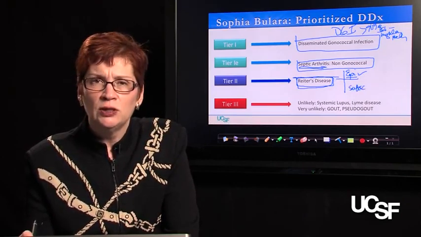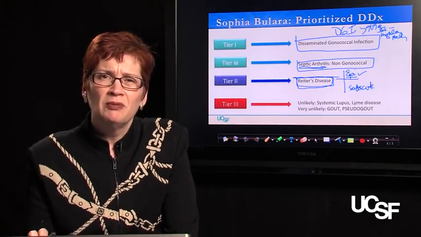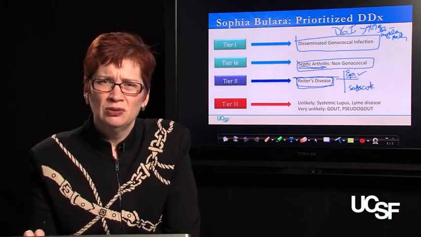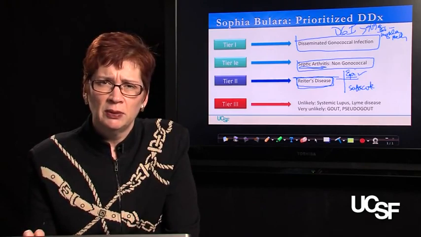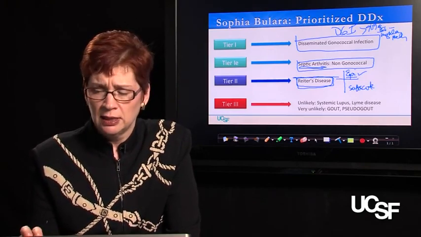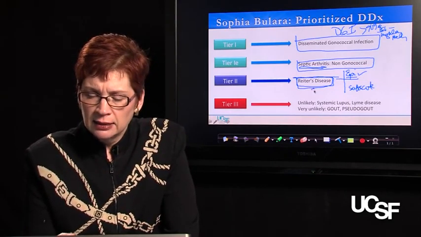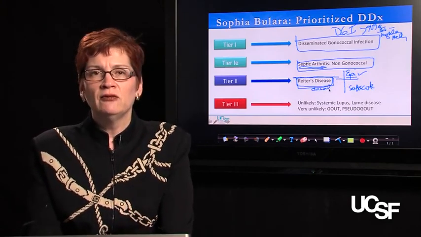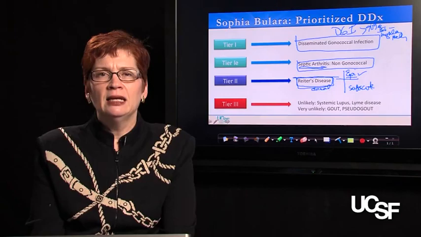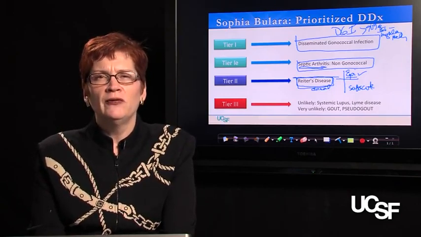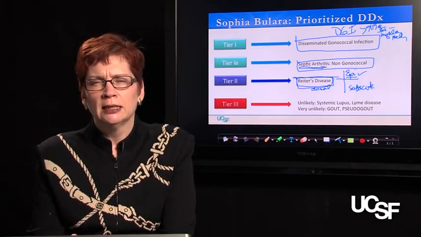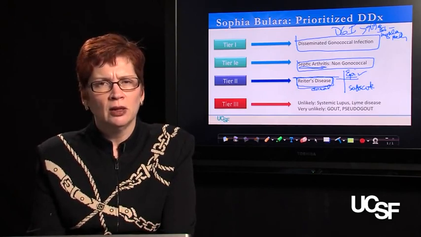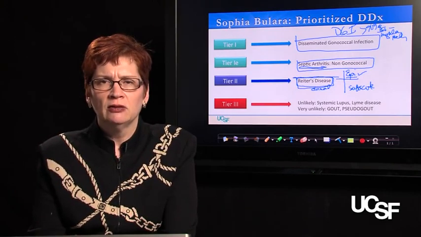So instead of having a few days worth of illness and joint symptoms, people usually have weeks to a month or two worth of symptoms. But there are at times acute presentations. The clinical signs and symptoms don't match well, however, because joints involved in Reiter syndrome can be wrists and ankles, but often are larger joints and spine, so it may cause a spondyloarthropathy, which we don't see in Sophia.